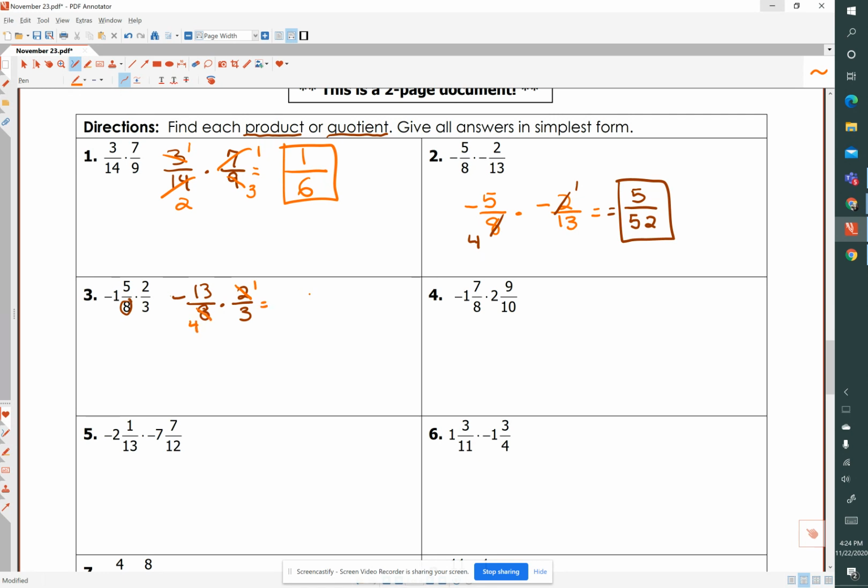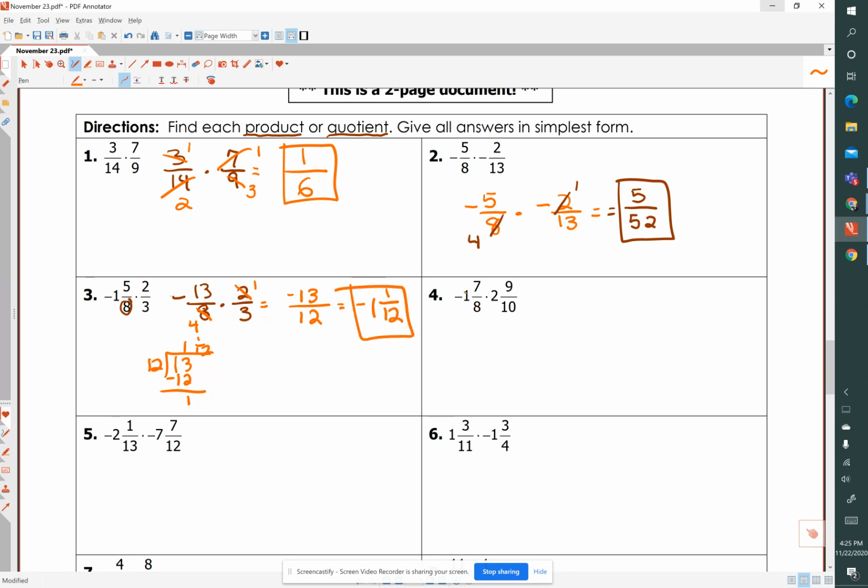So that would leave me 13 times 1 is 13. Negative times a positive is a negative. 4 times 3 is 12. And if I take that 13 and divide it by 12, I will have 1 and 1/12, and that's a -1 and 1/12.